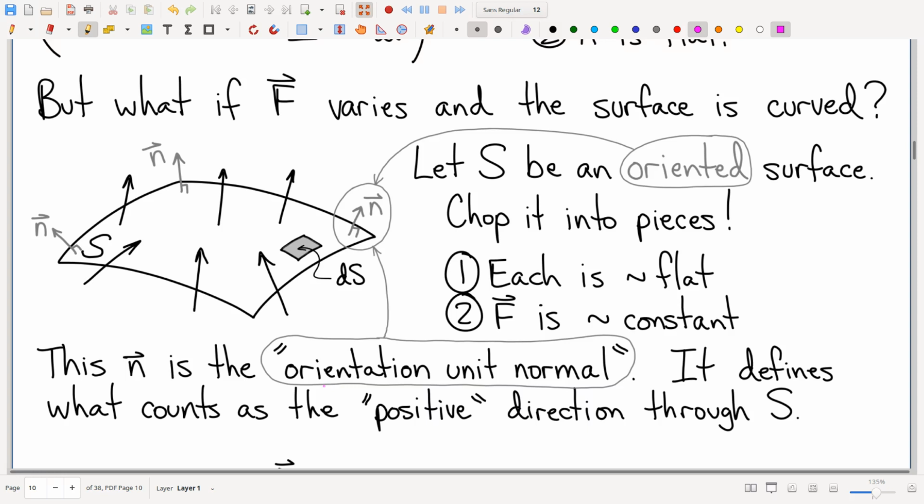And one of the big first observations was that work depends on which direction you're going. Mass doesn't. If you chop up a bent wire, the mass, I don't care which way you add them up. Who cares? Which way you paint the fence doesn't affect how much paint you use. But work, the direction really matters, right?